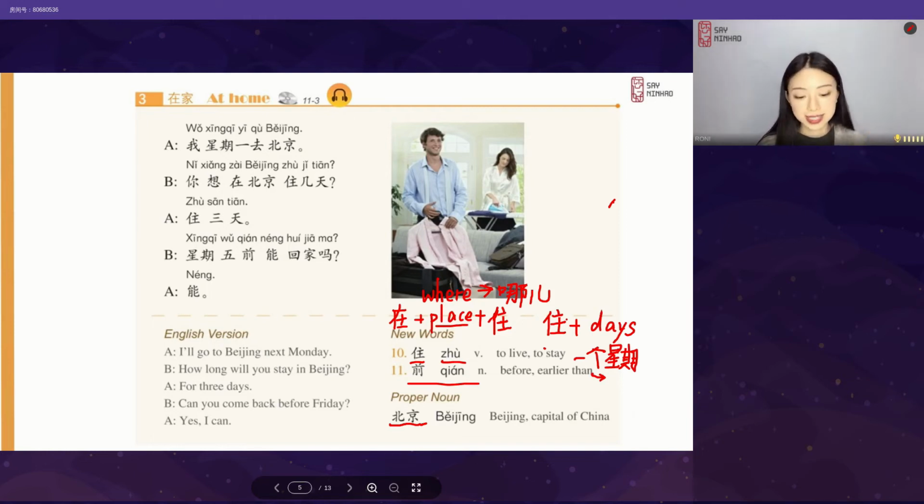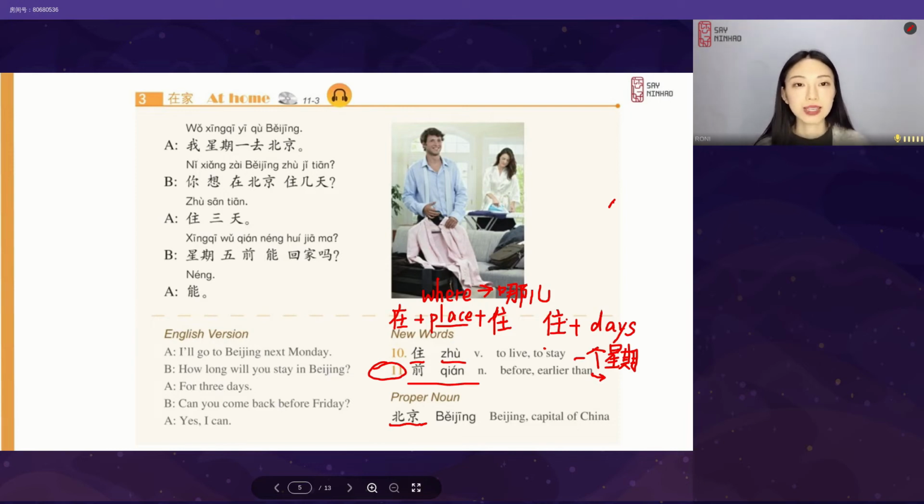Okay, 一个星期前. So we can see if we want to say a time, a period, or a moment before, then we just need to put that thing before 前. 一个星期前. 3天前.